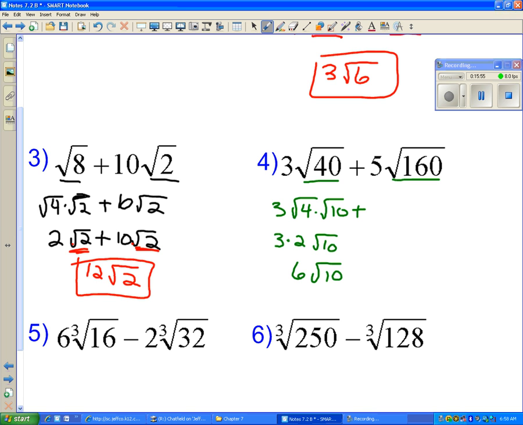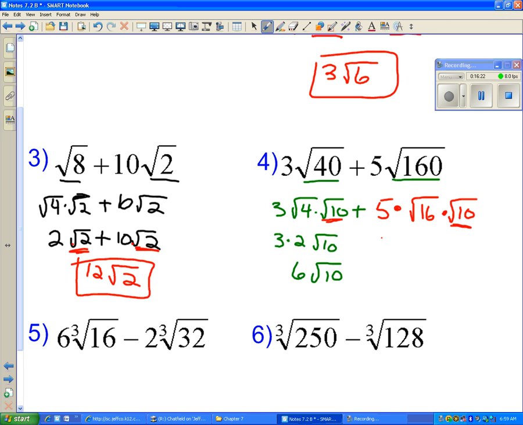Now let's do the second part. Over here, I have the square root of 160. Yes, 4 goes into 160, but remember, I want to try to pull out my largest square. My 5 stays the same. Then I have the square root of 16, which is my largest square, times the square root of 10. There is my matching root. That's what I personally was shooting for, to see if I could find a 10, and I did.